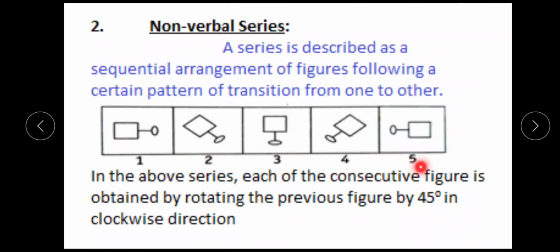We can see here also a figure which is rotating in the clockwise direction. First it is rotating at 45 degrees, again it is rotating at 90 degrees, again it is rotating in the clockwise direction at 45 degrees, and again it is rotating at an angle of 45 degrees in the clockwise direction.